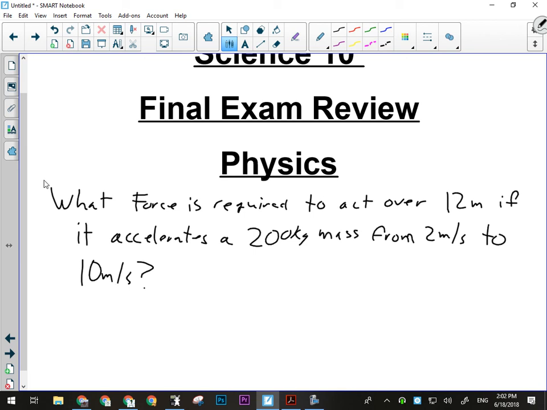Okay, so the question's asking what force would be required to act over 12 meters if it's going to accelerate a 200 kilogram mass from 2 meters per second to 10 meters per second.